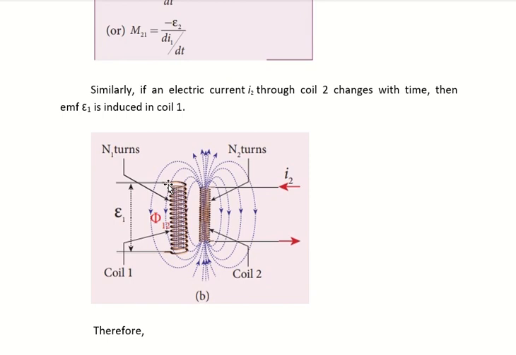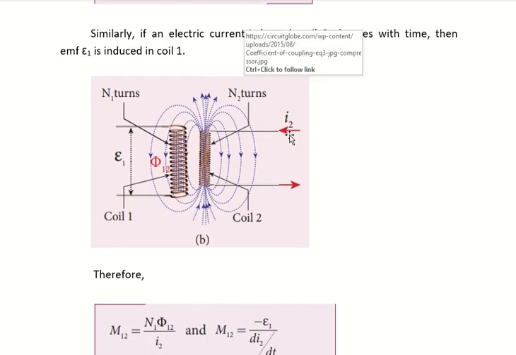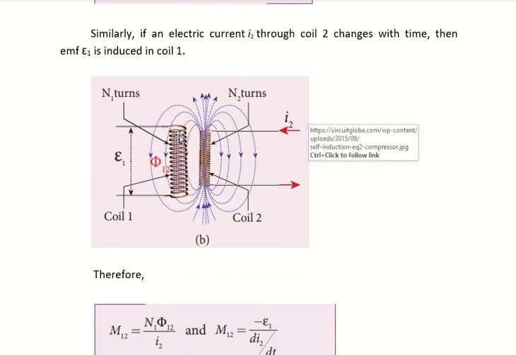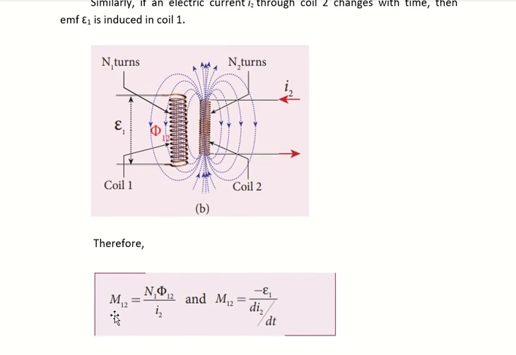So, if you are passing I2 through the second coil, there will be a flux linkage in the first coil, that is known as φ12. φ12 is the flux linkage in the first coil due to current in the second coil, and an EMF is induced in the first coil.